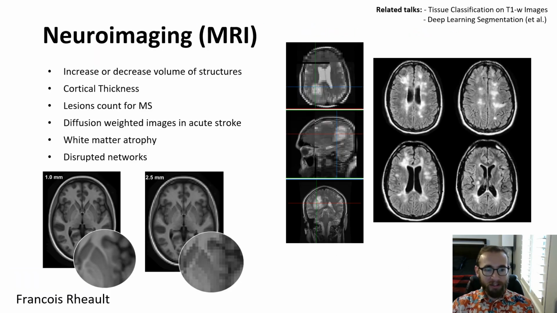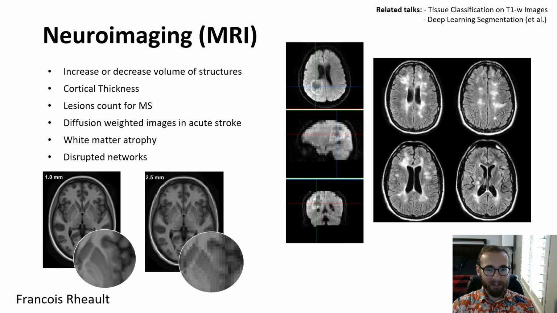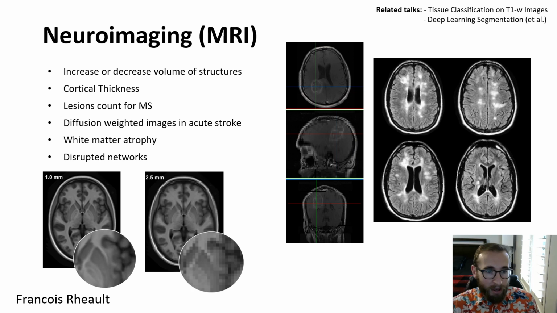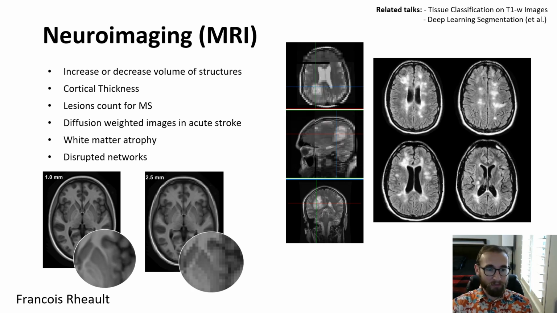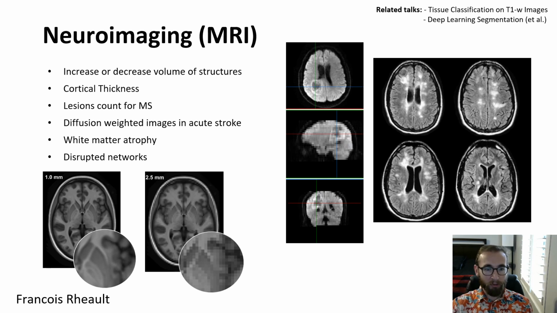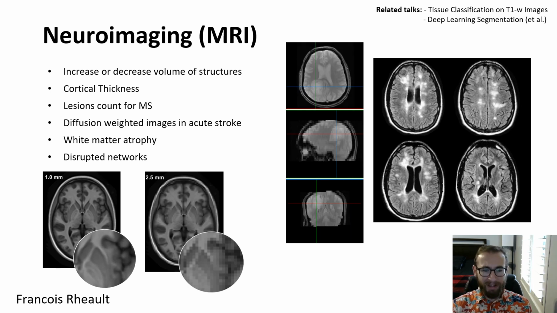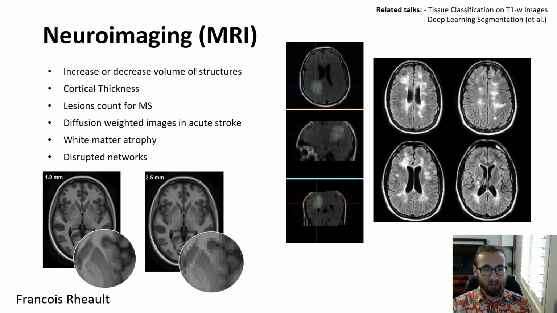So you already know that the modality of choice that we like here is magnetic resonance imaging. This is a modality that is amazing for brain investigation. It provides amazing resolution, great contrast, and different kinds of sequences that allow you to look at different types of tissue contrast.